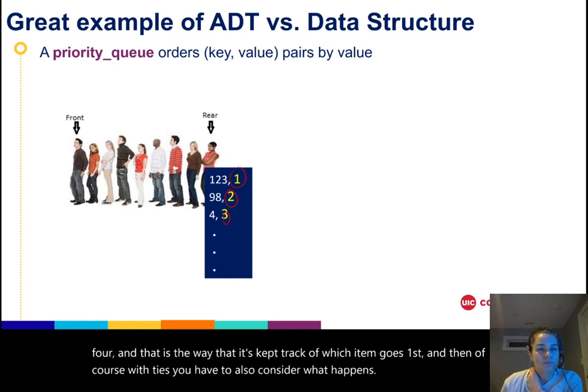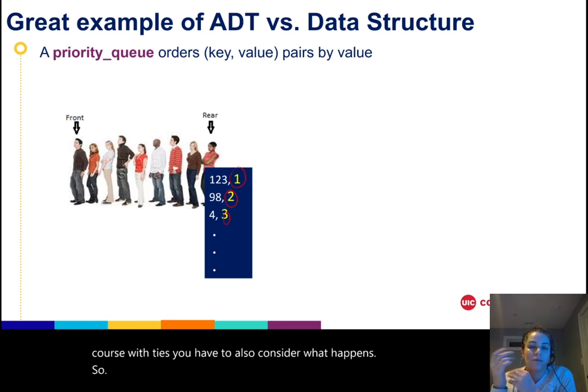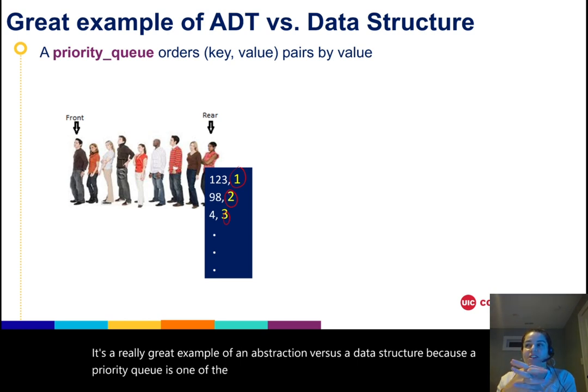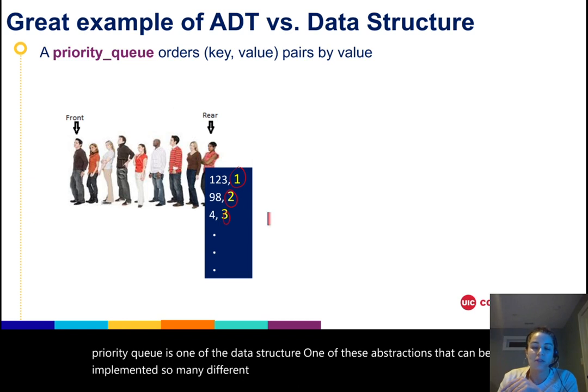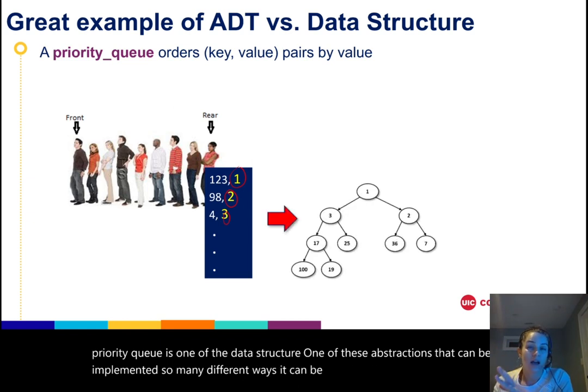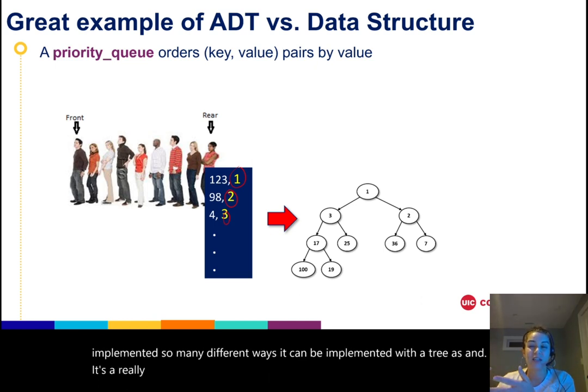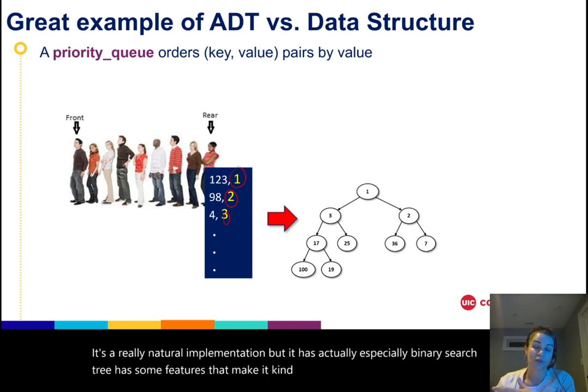So it's a really great example of an abstraction versus a data structure, because a priority queue is one of the abstractions that can be implemented so many different ways. It can be implemented with a tree, as you know, and it's a really natural implementation, but it has actually, especially a binary search tree, has some features that make it kind of unnatural for the priority queue.